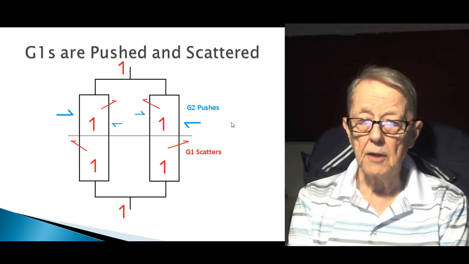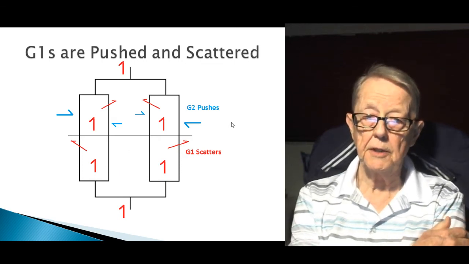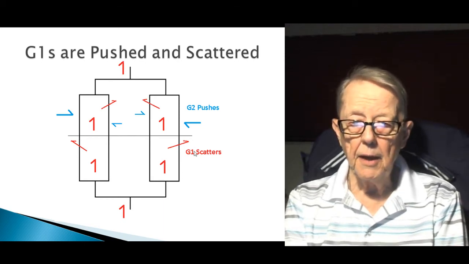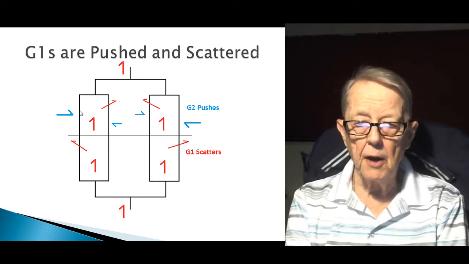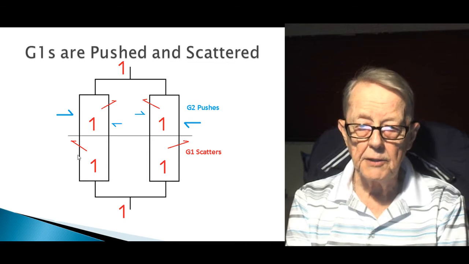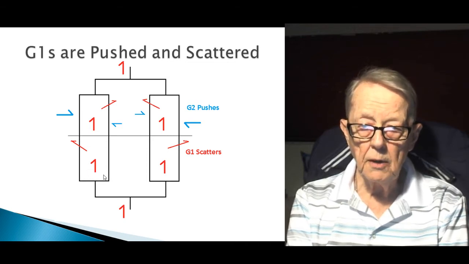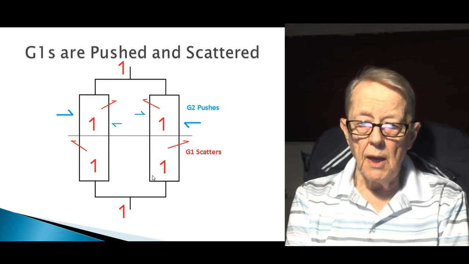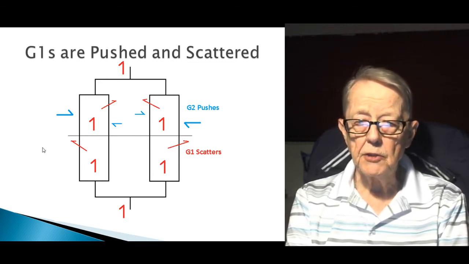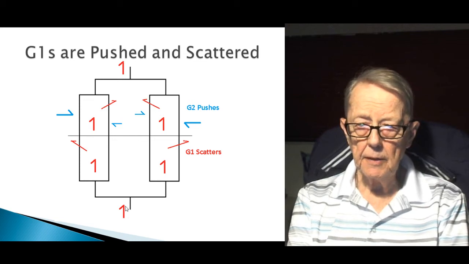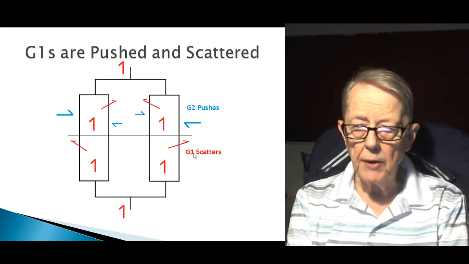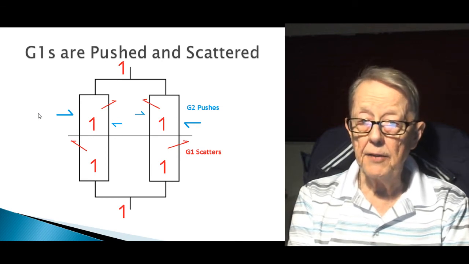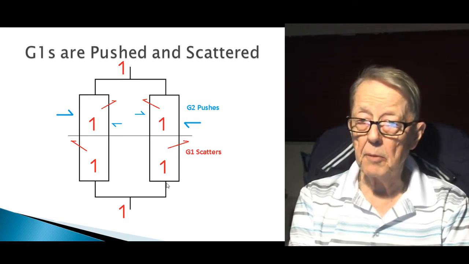Okay, so let's take a look at the parallel resistors. This is a rather strange drawing. Anyway, we have resistor R1 over here. By the way, this does not mean one, that's an arrow. And this is R2. I divided the resistors in half so that I can show in one effect, which is the scattering effect, and then there's the gravitational effect.